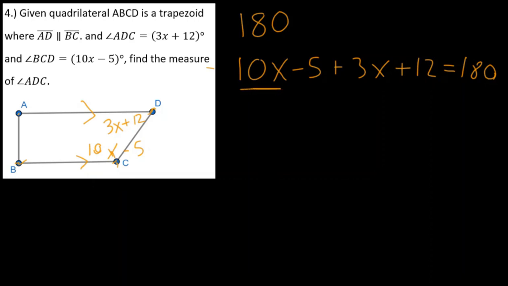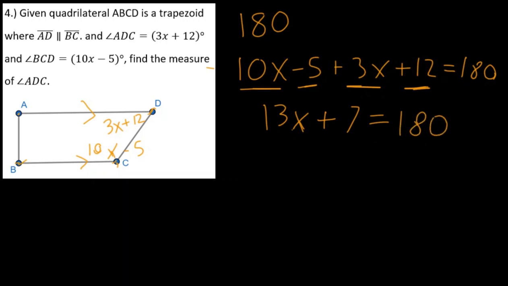So ask yourself, what is 10x plus 3x? Well, that would of course give us 13x. And how about negative 5 plus 12? Well, the 5 is going to take away from the 12, and so 12 minus 5 will of course give us 7. And this is equal to 180.